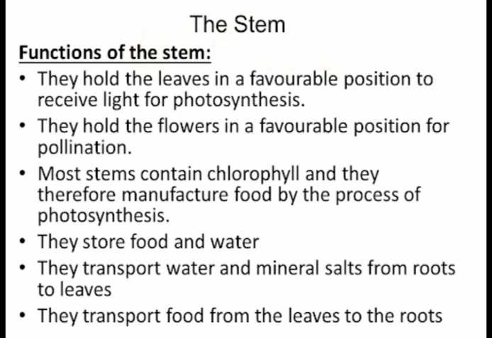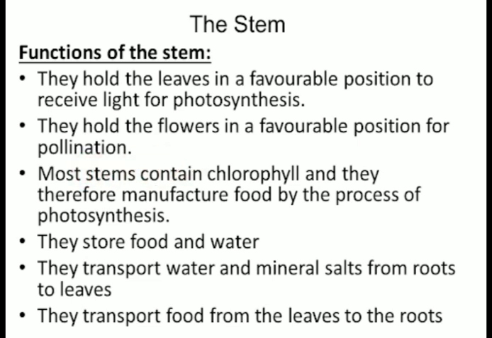Then it holds the flowers in a favorable position for pollination. That is, because of the differential increase in the length of the stem or the differential positioning of the stem, the flowers are also held in a favorable position so as to attract the pollinators for the purpose of pollination.